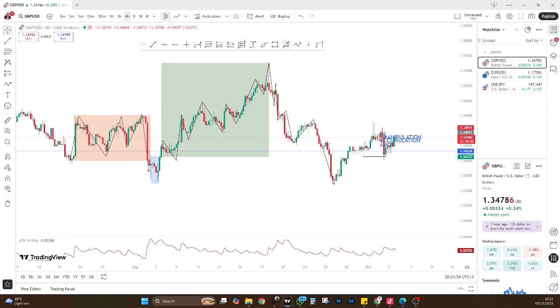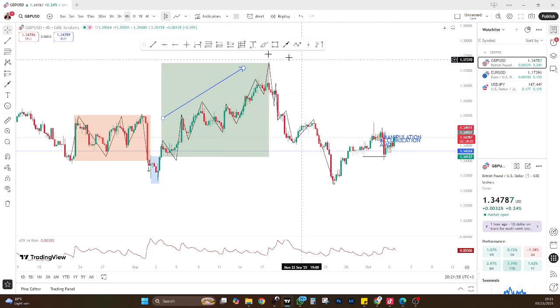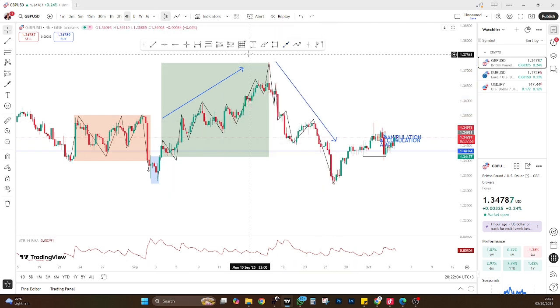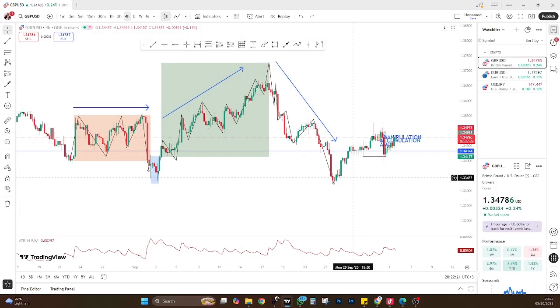So this is the market structure. That is an up trade. This is a down trade. And this is a ranging market. It is as simple as that, Sly. Very simple. Either the market is ranging, it is in an up trade or a down trade.